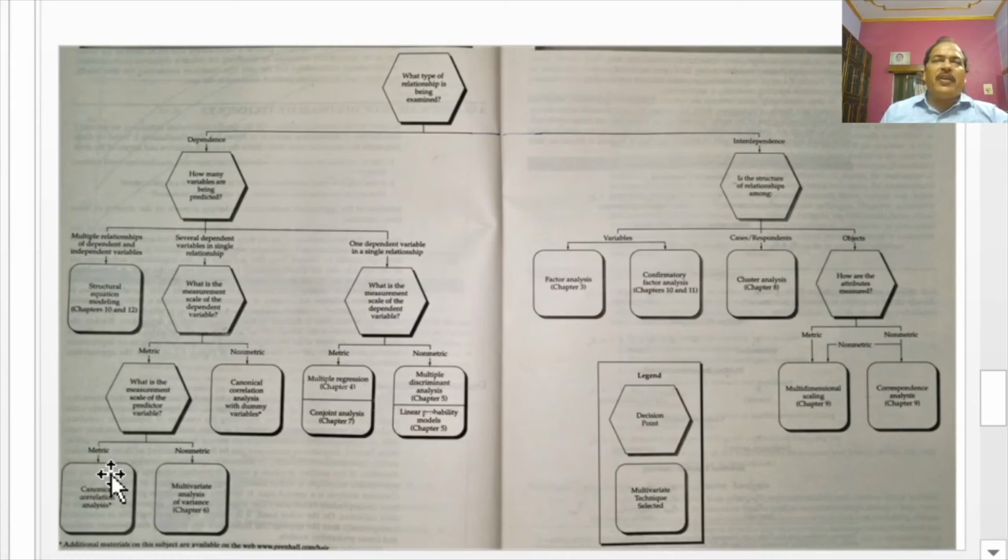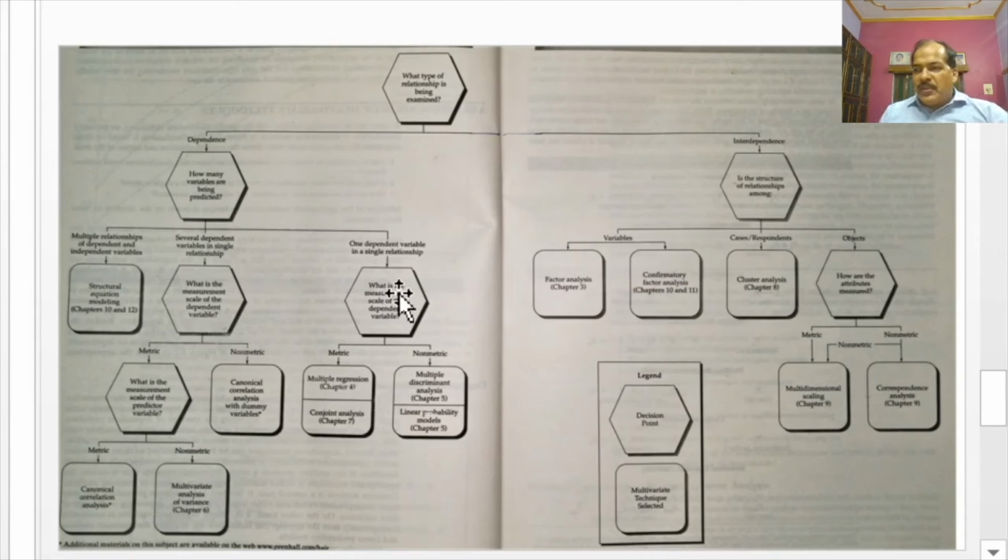In the case of canonical correlation analysis, we should have multiple independent variables as well as multiple dependent variables. And basically, it is a type of multiple correlation between two sets of variables. And if we are having the non-metric type of measurement of the predictor scale, we can go for the MANOVA or the multivariate analysis of variance. Okay.